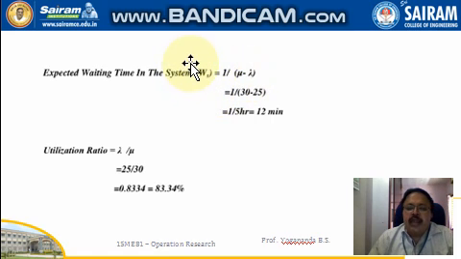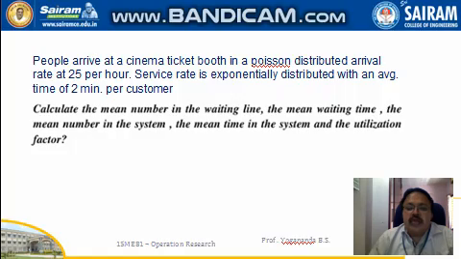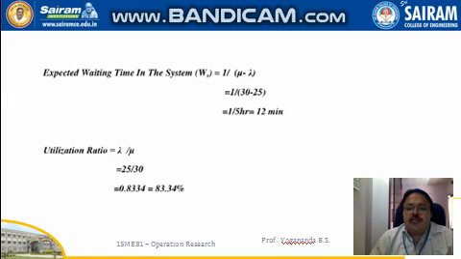Waiting time in the queue is 10 minutes, waiting time at the ticket counter is 2 minutes as per the statement of the problem. So in total he spends 12 minutes.